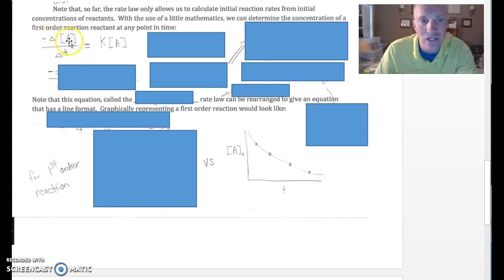So we're talking about the change in the concentration of a reactant divided by how much time that change occurs over. And remember we put a negative here because we always want the rates of our reaction to be positive. The disappearance of a reactant is an indication that the reaction is proceeding forward, so that's why you need the negative there to compensate.